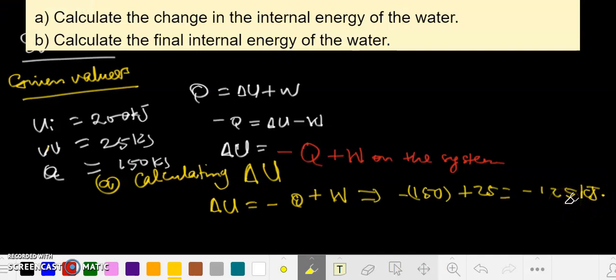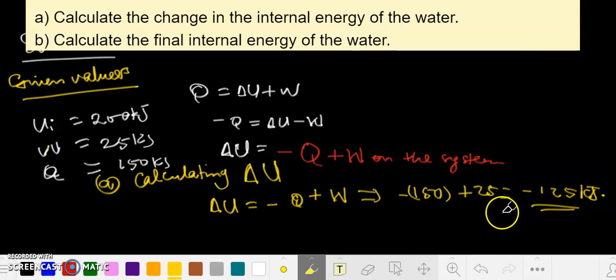So the change in the energy of the water will be given by negative 125 kilojoules. The negative sign means it has lost 125 kilojoules.